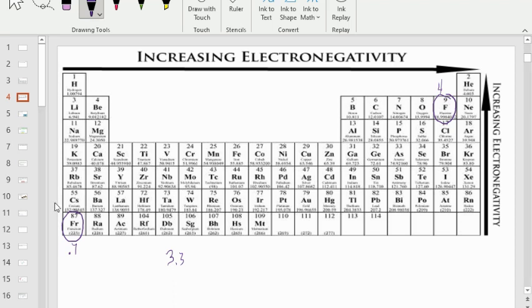Okay, so when you're looking at these big electronegativity differences, that is a transfer of electron. Francium will give up its electron to fluorine. By doing that, fluorine has the electron configuration of neon, and francium would end up with the electron configuration of xenon. So that's a transfer.